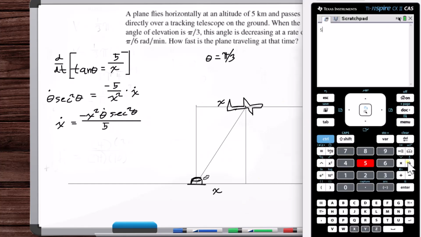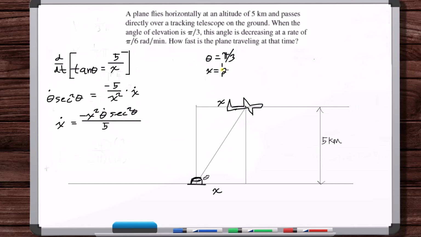So we're in radian mode. 5 divided by tangent pi over 3, 2.89. So x is equal to 2.89, and then theta dot is going to be negative pi over 6, because it tells us the angle is decreasing.